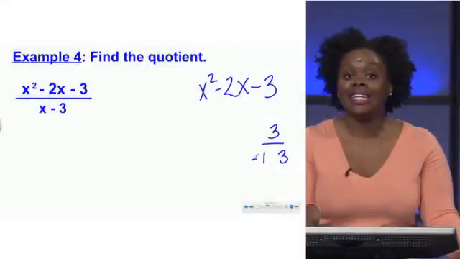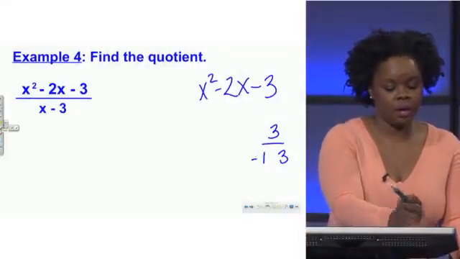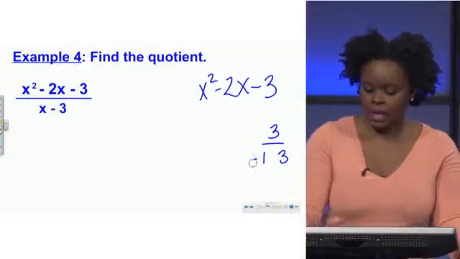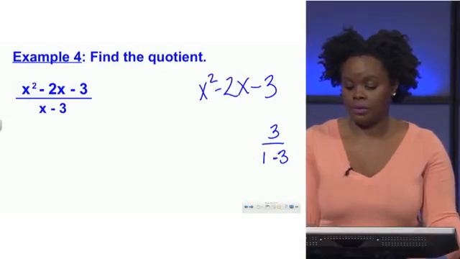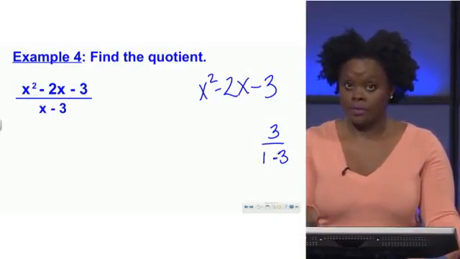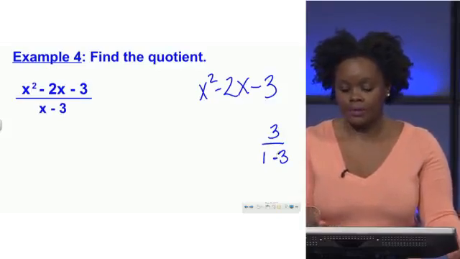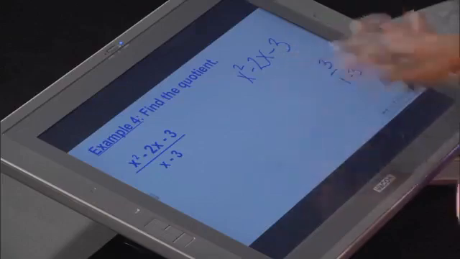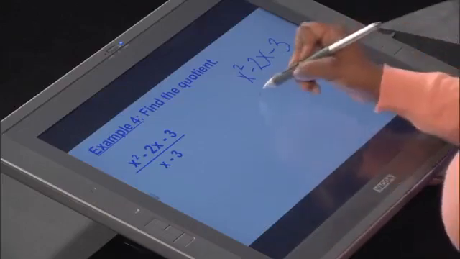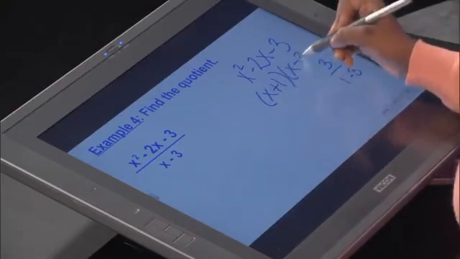And I need -2. So that's telling me, okay, the 1's not what's negative here. It's going to have to be the 3 that's negative. Because, all right, 1 times -3 will give you -3. And 1 plus -3 is -2. So that means that this trinomial will factor to x plus 1, x minus 3.